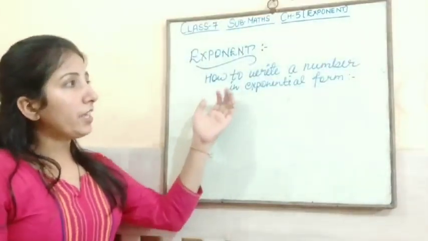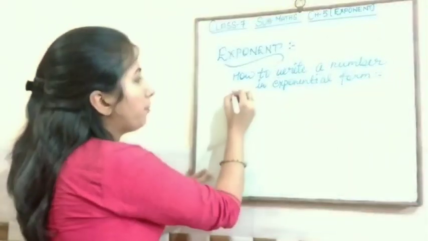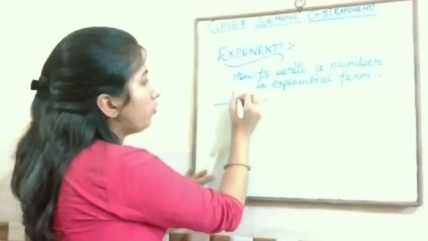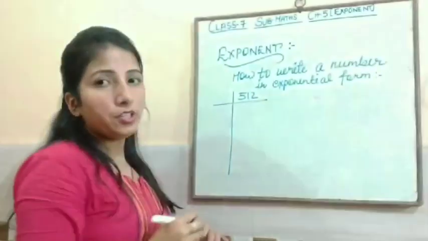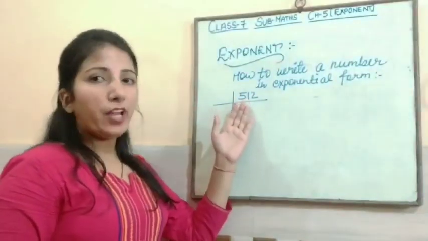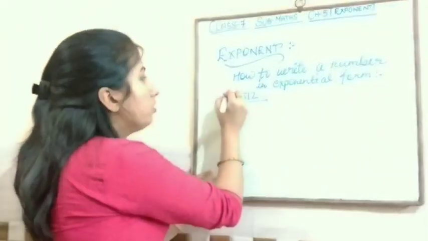Now, how to write a number in exponential form? I'm taking here an example, 512. You have to represent this in exponential form. So first we will do prime factorization of this number.